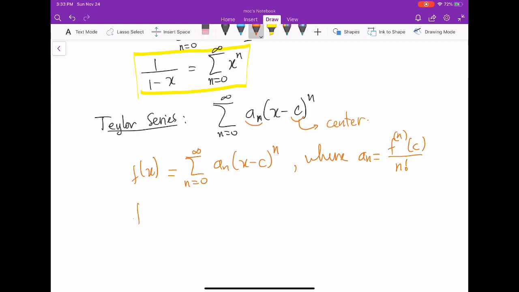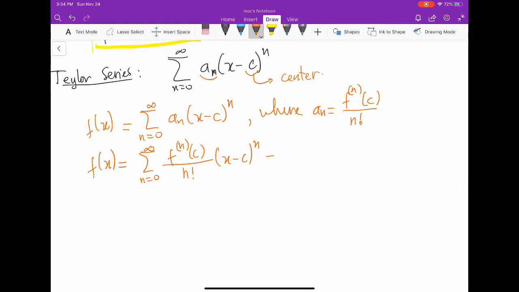That means your function can be rewritten as the series from 0 to infinity of f^(n)(c) over n factorial times (x minus c) to the n. When n is equal to 0, it's just f of c. When n is equal to 1, you have the derivative at c over 1 factorial, and then the second derivative at c over 2 factorial.